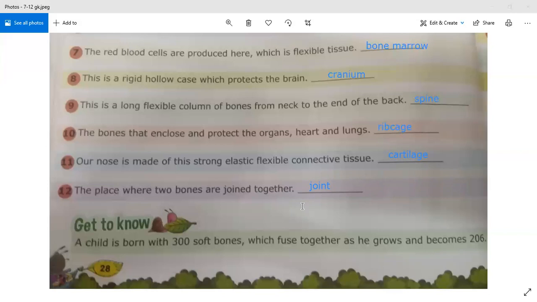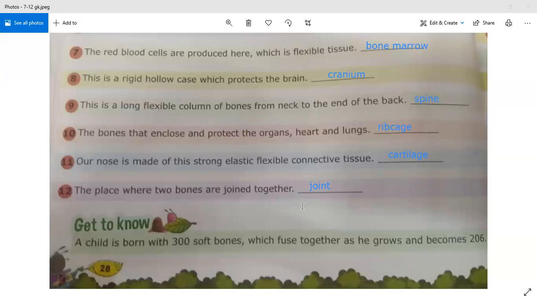Now there is a get to know fact, given at the end of your chapter. When a child takes birth, it has 300 soft bones. Isn't it surprising? It means whenever we take birth, we all have 300 soft bones.